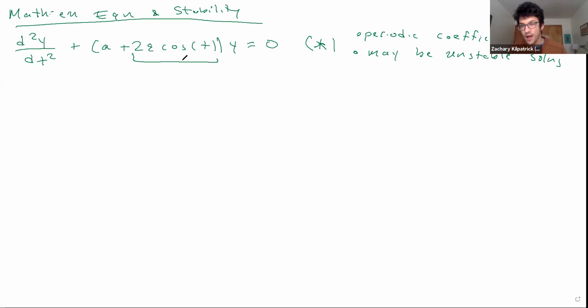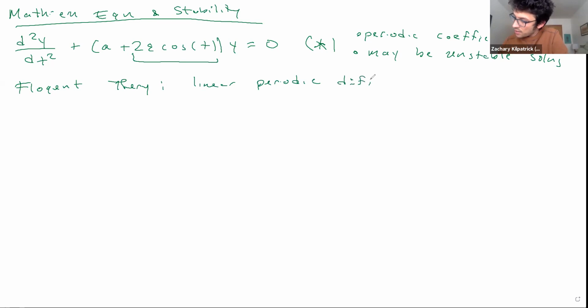And what we want to find is the boundaries between where we get stable versus unstable solutions, where this energy builds up and where it can dissipate. In order to do that, we're going to take a slight detour into Floquet theory, which is basically the theory of linear differential equations when we have linear periodic coefficients.